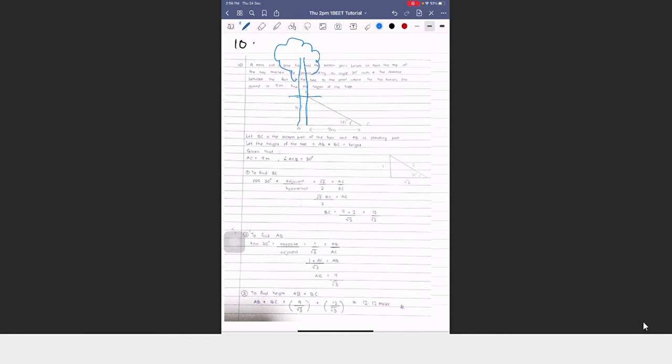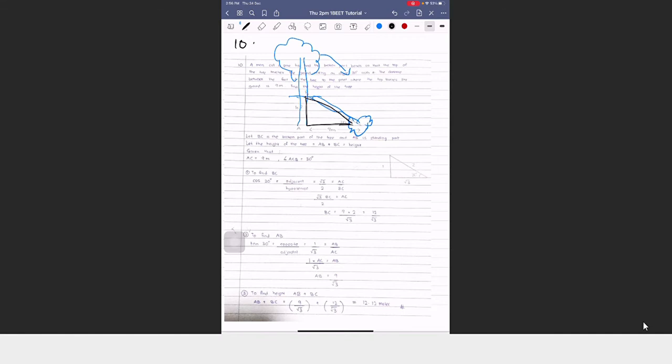So this part of the tree falls down. Okay, it fell, and then it bends. So here it mentioned the broken part bends so that the top of the tree touches the ground. So basically, then you have something like that. Okay, so this is the triangle that you have.